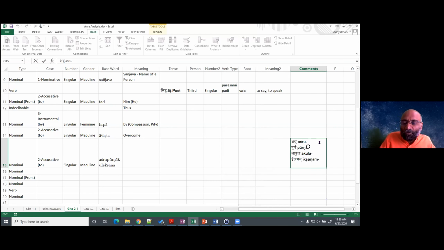You will not find Ashru Purna Akulekshanam in the dictionary; you will find these individual words, and then you have to understand how to make sense of them. Ashru means tear, Purna means full, Akula means agitated, and Ikshanam means eye.